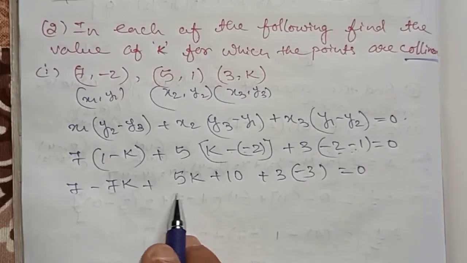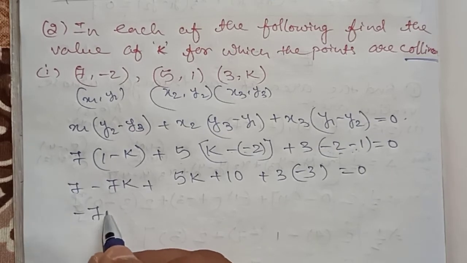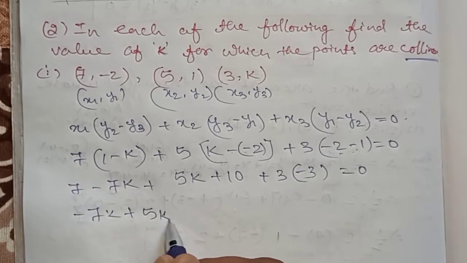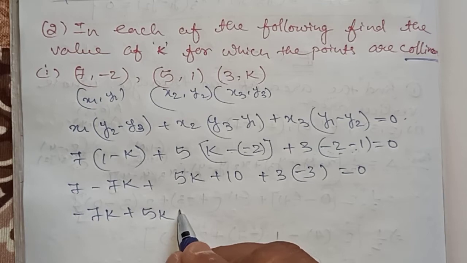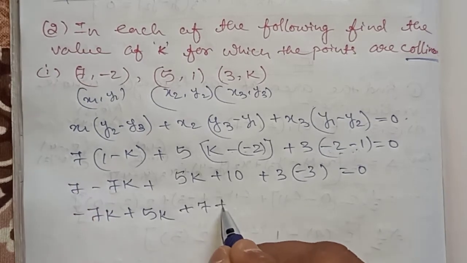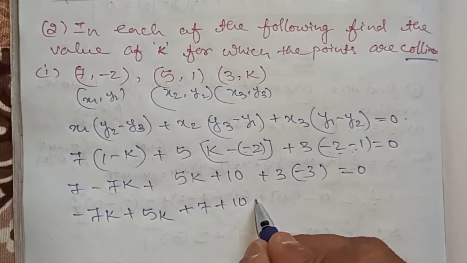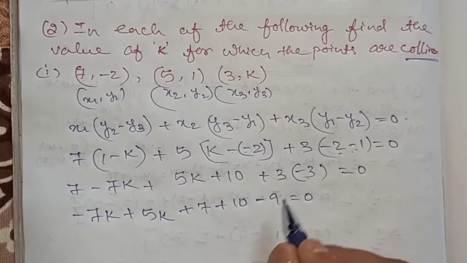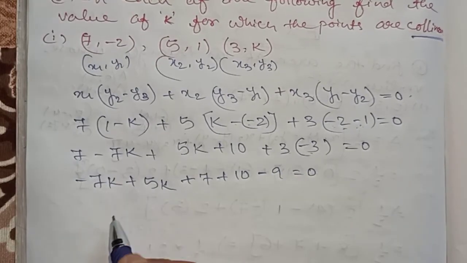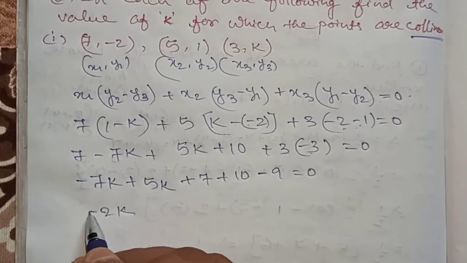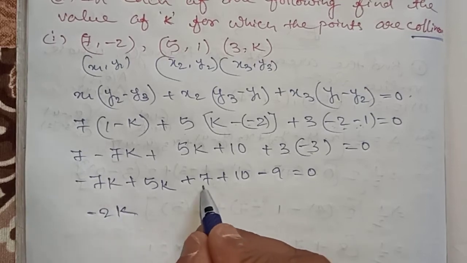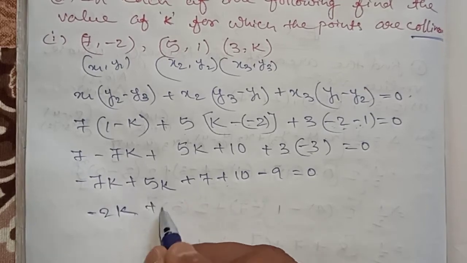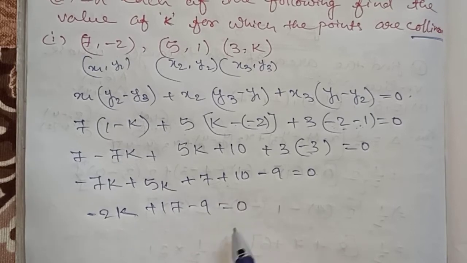Now arrange both the k together. Minus 7k plus 5k, plus 7 plus 10 minus 9. Okay, 3 3s are 9. Minus 7 plus 5 is minus 2k, 7 plus 10 is 17 minus 9 equals to 0.